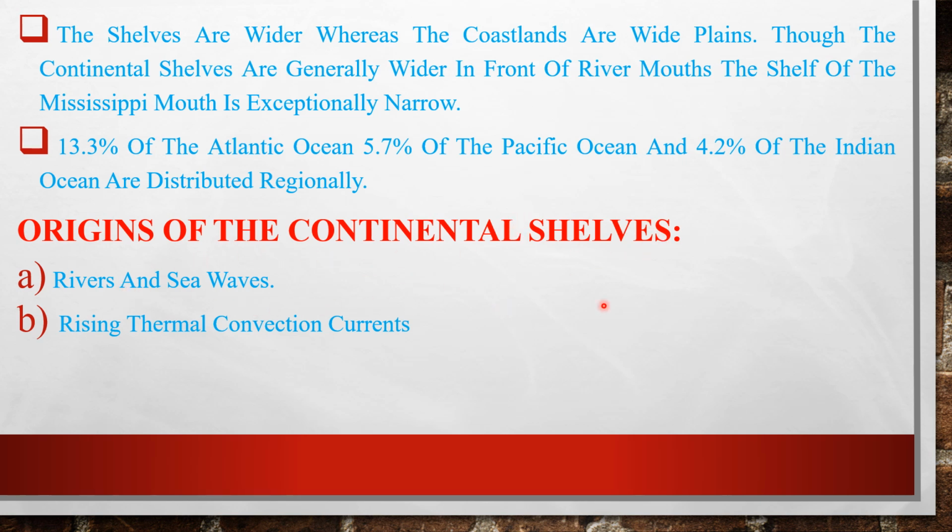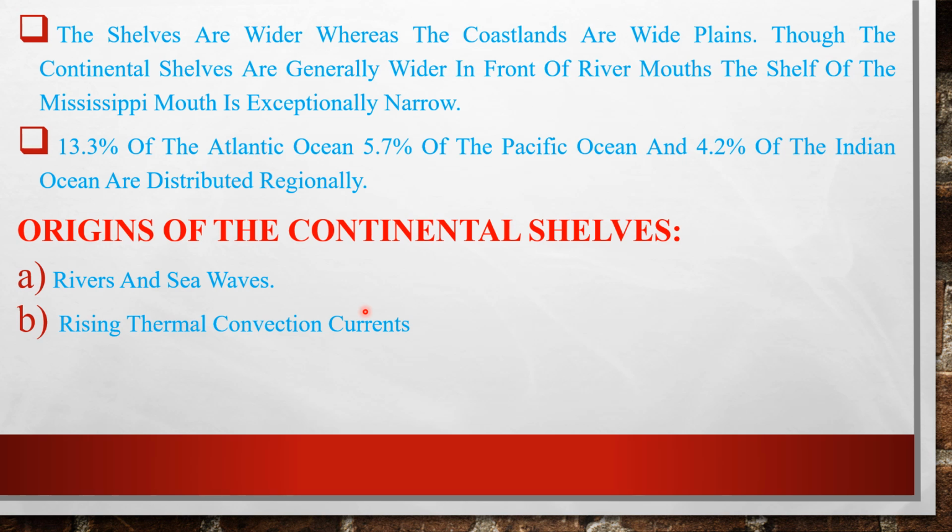Origin of the continental shelf. There are a few reasons for the origin of the continental shelf. Point 1, rivers and sea waves. The continental shelf formed over millions of years through the accumulation of organic and inorganic materials.